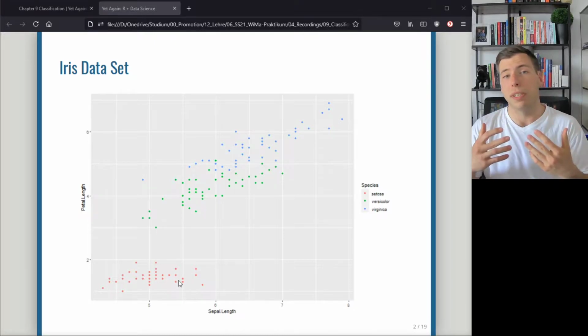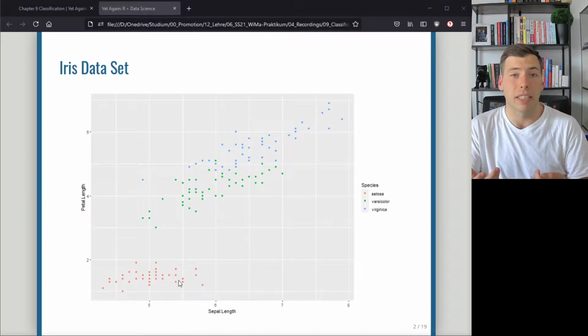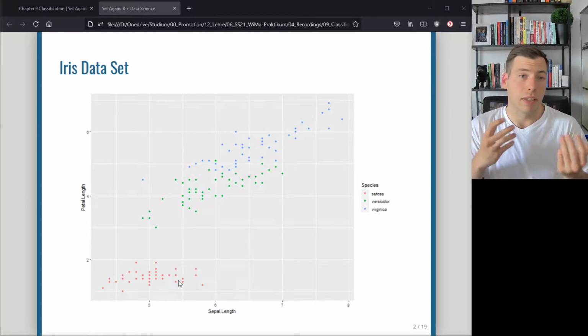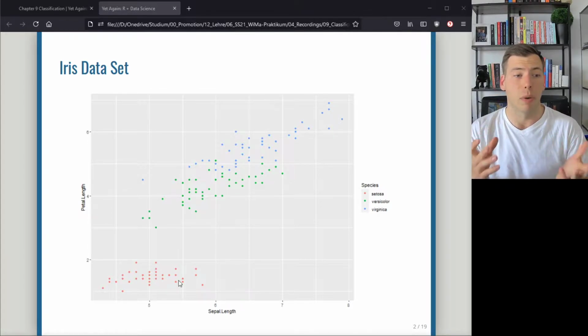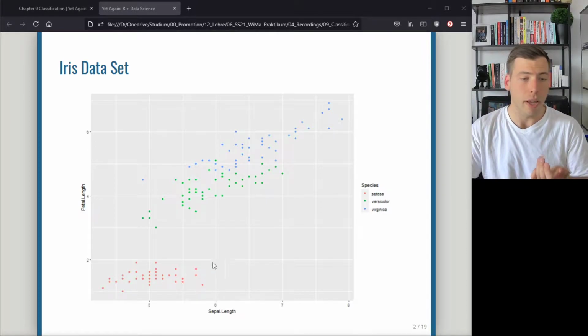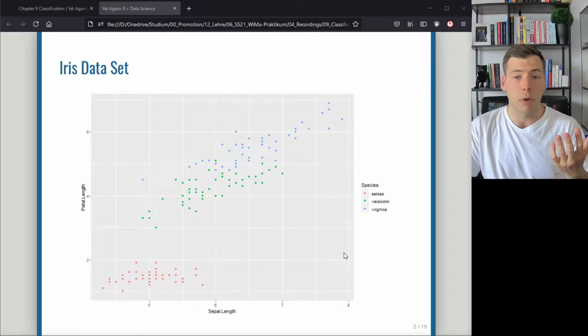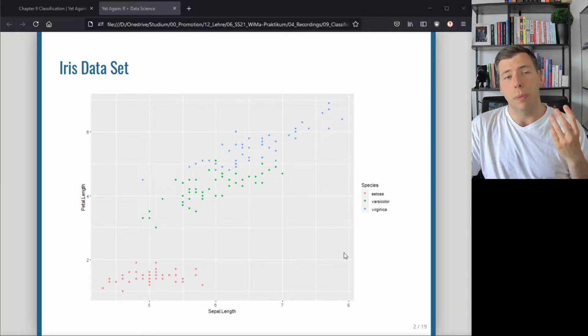That would be a really simple classification rule. With the help of an observation, so with a measurement in this case, we can classify our flower as iris setosa.